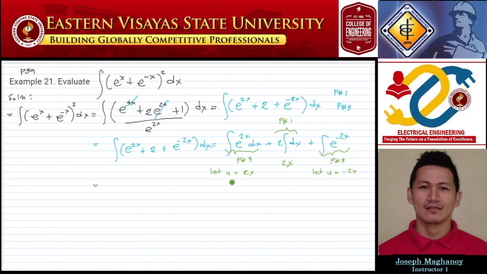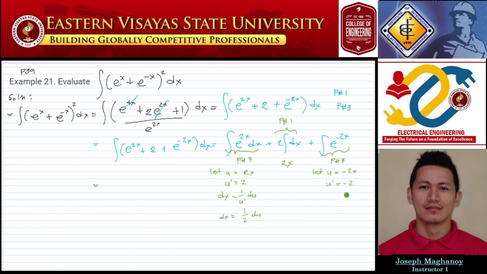So the first derivative of 2x is 2. The first derivative of negative 2x is negative 2. So your dx is equal to the reciprocal of your first derivative times du, which is 1/2 du. Also here, your dx is equal to negative 1/2 du.